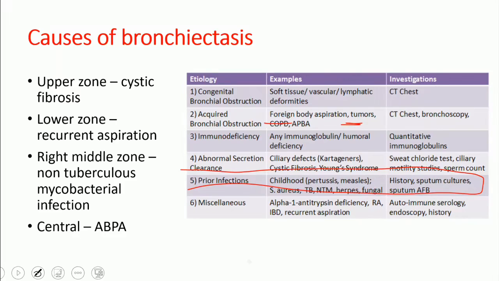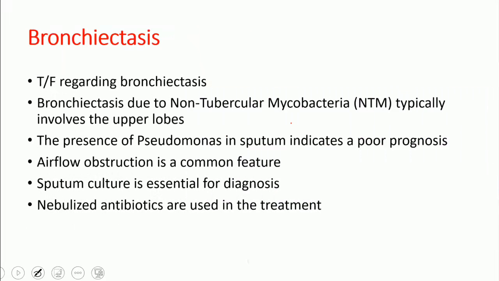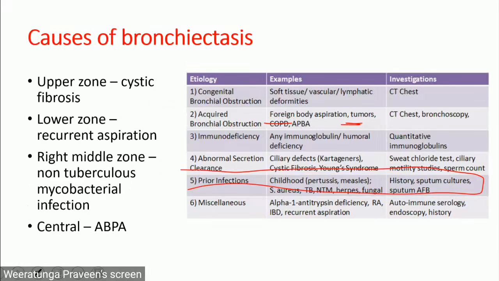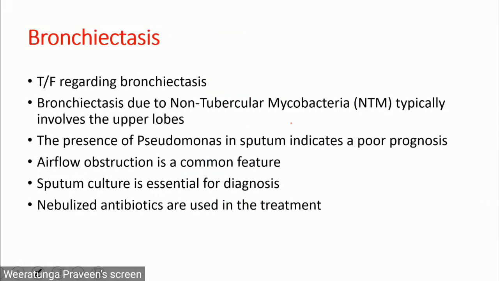So these are just theoretical things, things to memorize, but unfortunately they come in a true-false MCQ. So the anatomical localization of various etiologies. Bronchiectasis due to non-tuberculous mycobacteria, I've said it involves the right middle lobe, right middle zone. Mycobacterium TB causes upper lobe disease, but non-tuberculous mycobacteria classically cause this right middle lobe bronchiectasis.